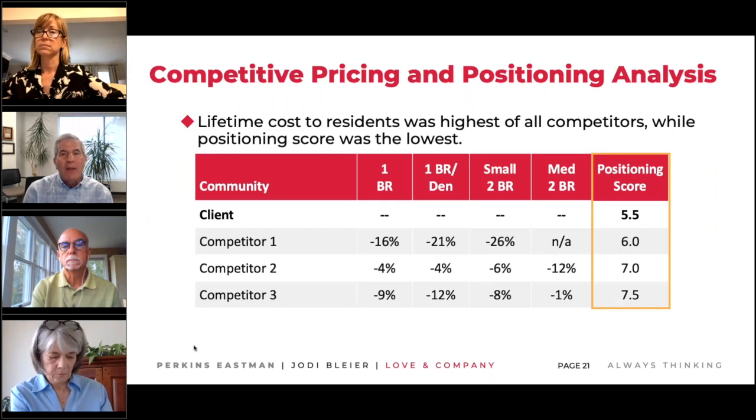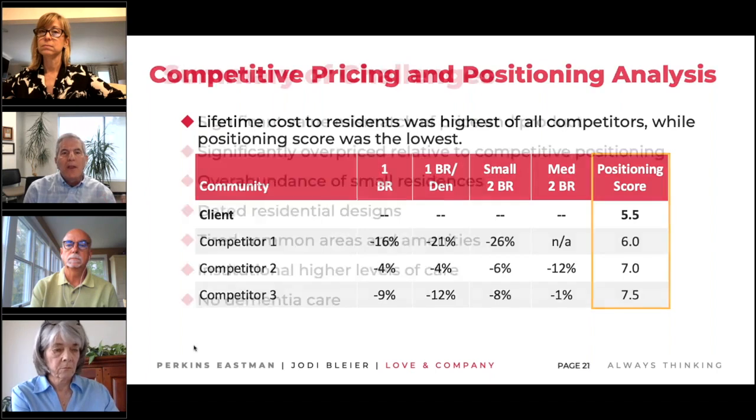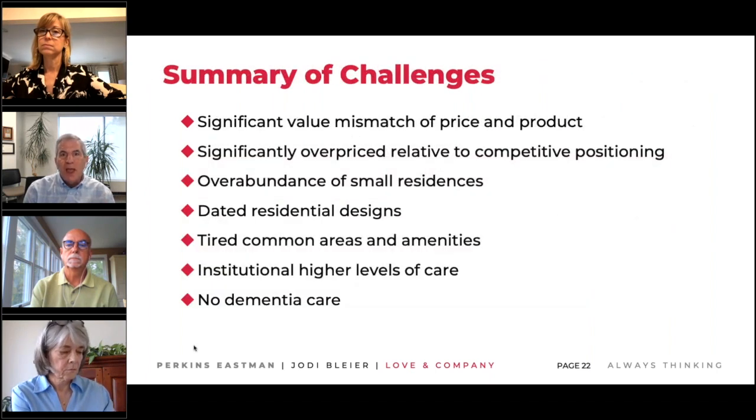But on the right-hand side, we also evaluated each of those communities through tours on almost 20 different characteristics from the consumer's perspective and rated them on each of them. And this particular client had the lowest product score in the market. And remember, the highest price. So we take all of these things and put them together, and there's a significant value mismatch of the price and product.